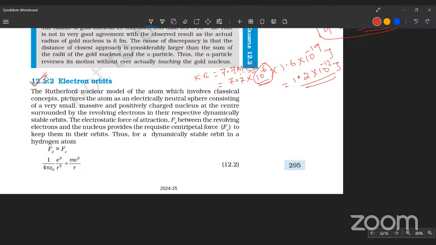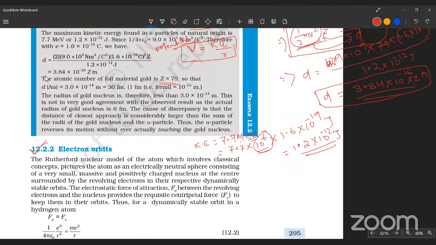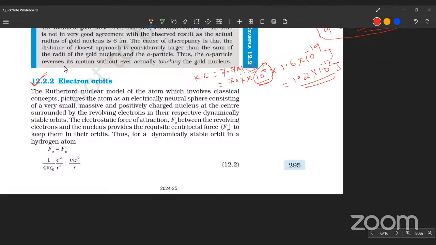But there were serious difficulties in that model. If the electron is revolving like a planet, what will happen?